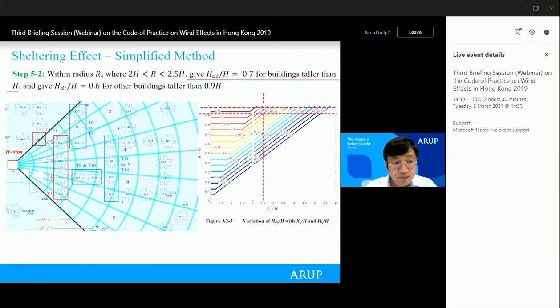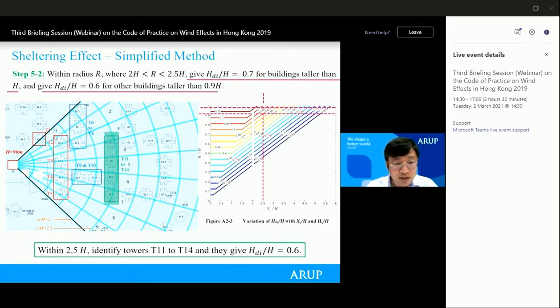For our case, we don't have that. And within the same range, for any building taller than 0.9 H, that is about 81 meters, we give HD over H as 0.6. Those are the buildings shaded in green color, and their displacement height will be HD over H equals 0.6.